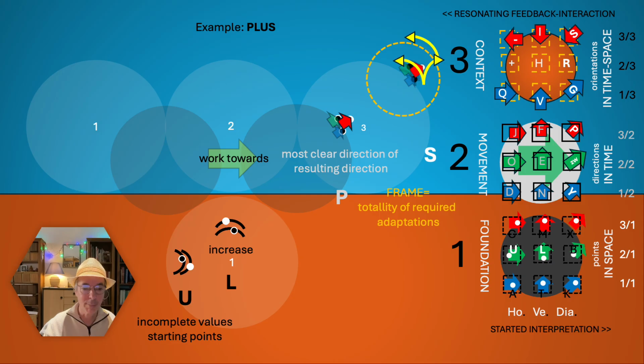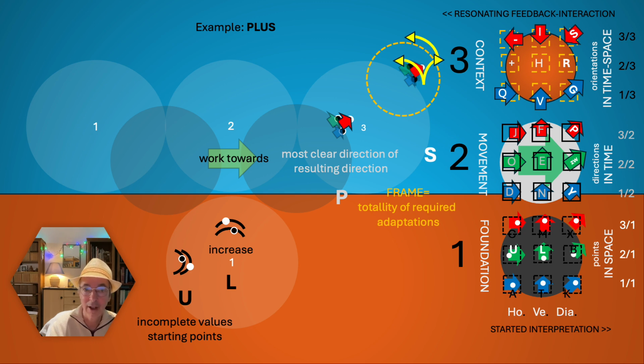So I'm focusing upon these things. In L, it is in the middle there, it is focusing upon two differences into the body, into the volume. So about an increase, I look into the increase. What is increasing here? What is becoming more? U, again, the incomplete values or starting point.